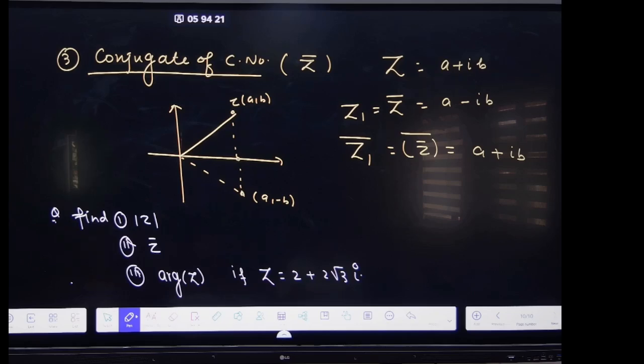Which are the topics sir has done? PU2, all the topics of PU2 done. Integrals I think sir did, right?